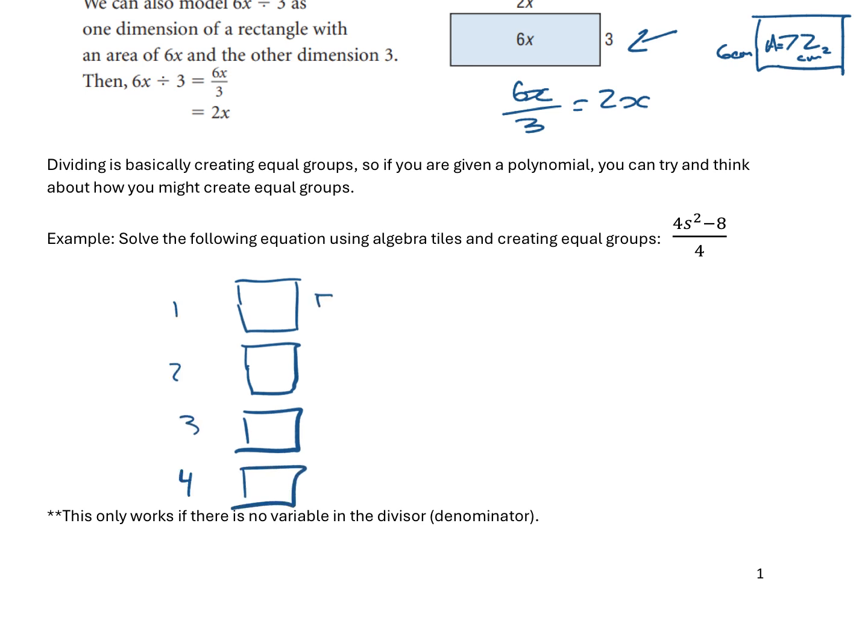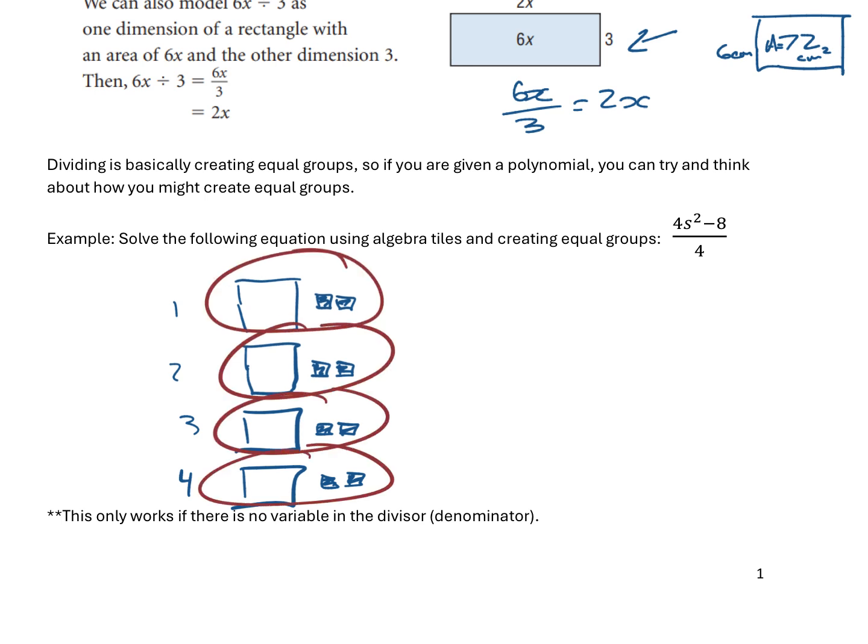And then if I were to put 2 negatives with each one of those, I get my equal groups. I could circle one just to make it a little bit more apparent. I'm creating equal groups. So I have 4 equal groups, and in each group I have s squared minus 2.